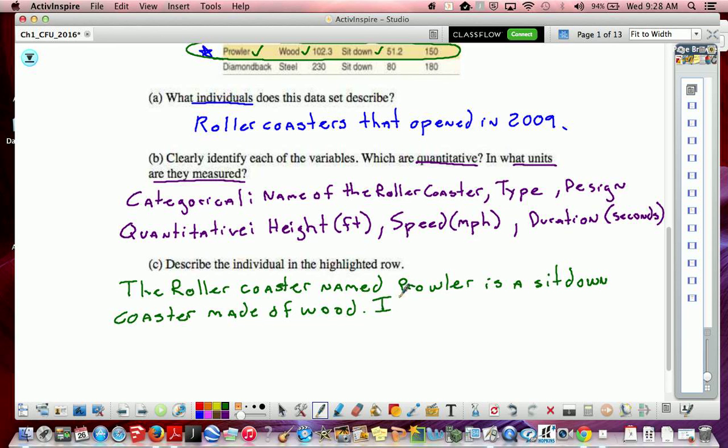Then in my second sentence, I'm going to try to get all the rest of them. Its height is 102.3 feet.